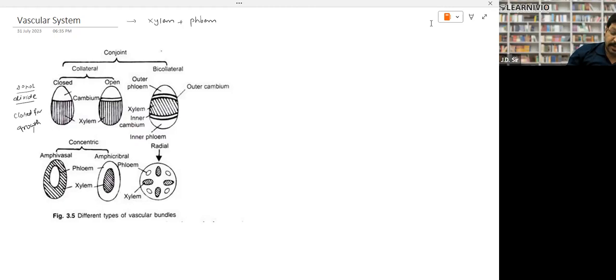Look here, try to understand how they perform their function. If the vascular bundle is open, suppose this is a layer of cambium.